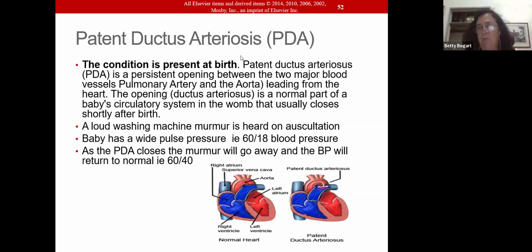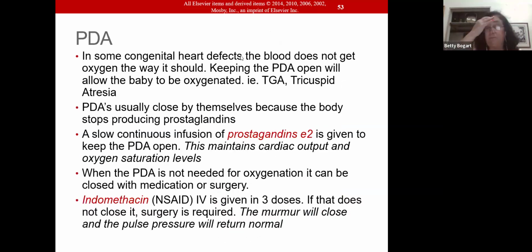Now, a newborn's blood pressure, like I've said, is 60/40. A child that has a PDA that's open, working, giving oxygen to the body, would have a lower diastolic, like 60/18. So those are two ways you would know without even an echo, right?